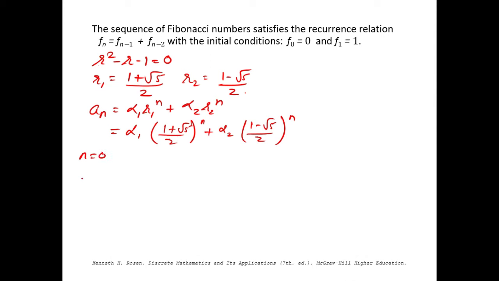We have f0 is equal to 0, which is equal to alpha 1 into 1 plus root 5 by 2 raised to 0, that is raised to 0 is 1. So alpha 1 plus alpha 2 into 1 minus root 5 by 2 raised to 0, that is alpha 1 plus alpha 2 is equal to 0.